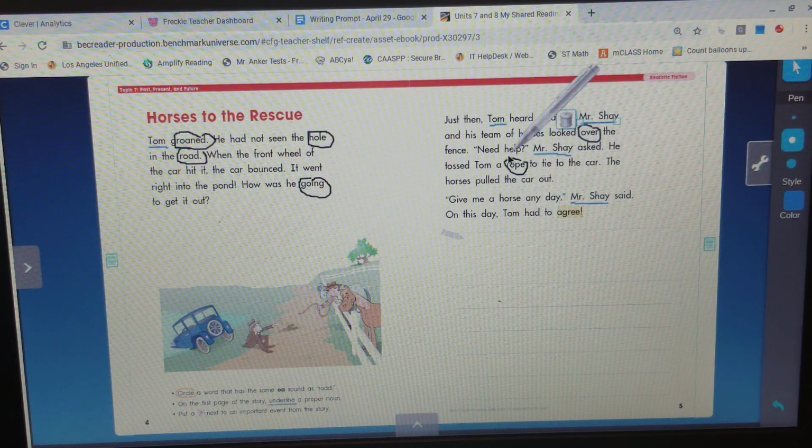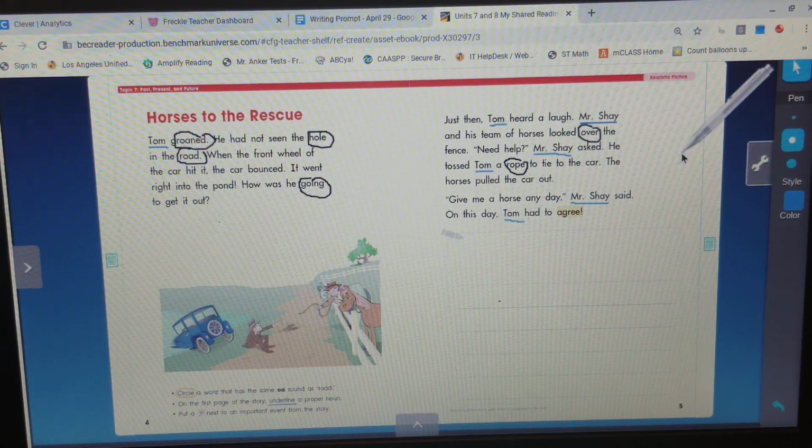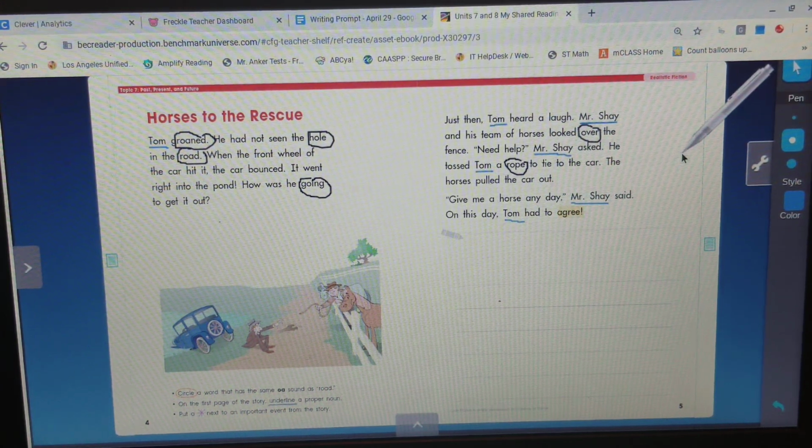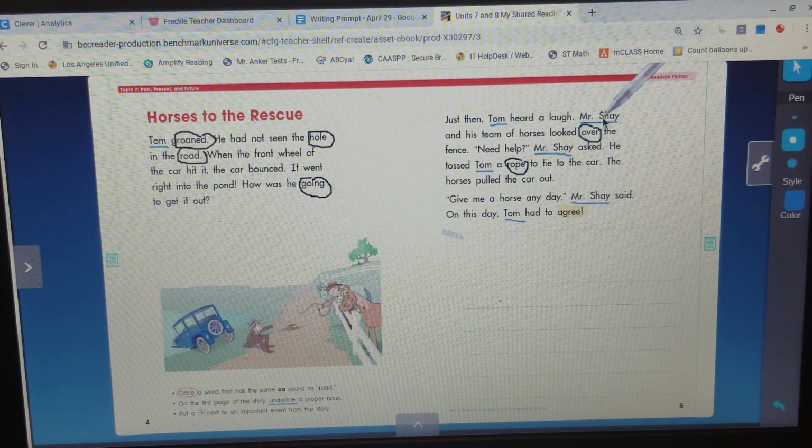And if you want to do all the Toms, you can. So, remember, proper nouns are capitalized. So, Tom, Mr. Shea. Each time we write a proper noun, we have to use a capital letter. Good work.